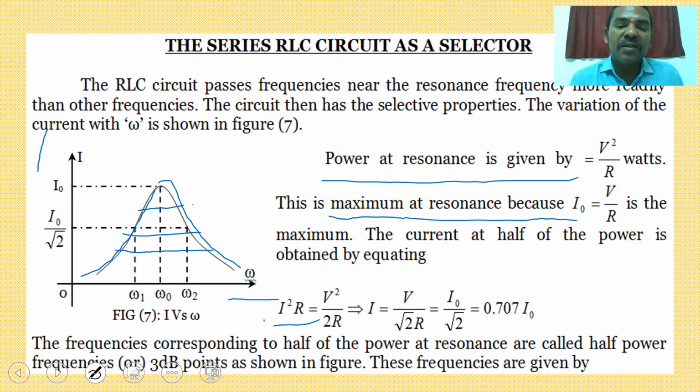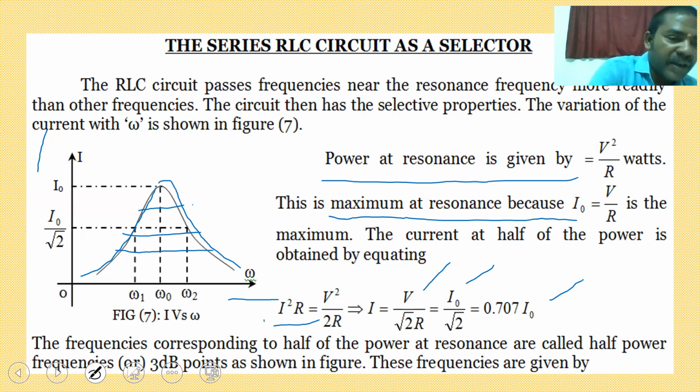I square R is equal to V square by 2R, or I is equal to V by root 2 R. V by R is I naught, so I is I naught divided by root 2. Root 2 is 1.414, and the reciprocal of root 2 is 0.707, so 0.707 I naught.